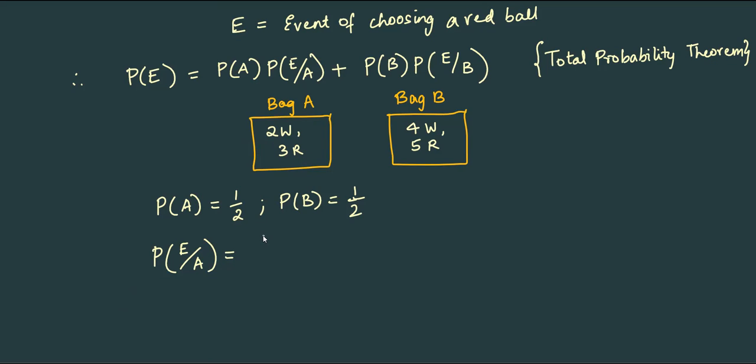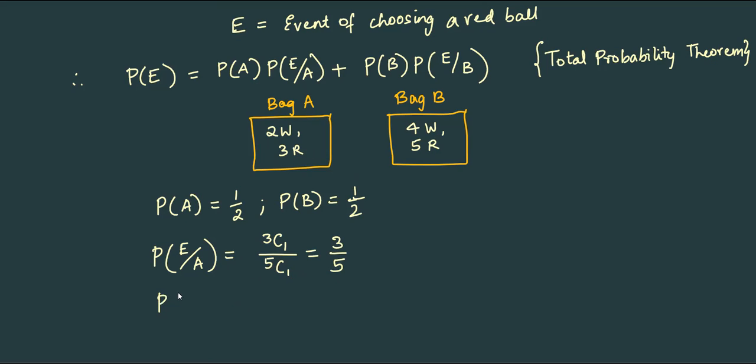So the number of ways of choosing the red ball is 3C1. The total number of cases is 5, since we select one of the 5 balls. So the probability is 3 upon 5.